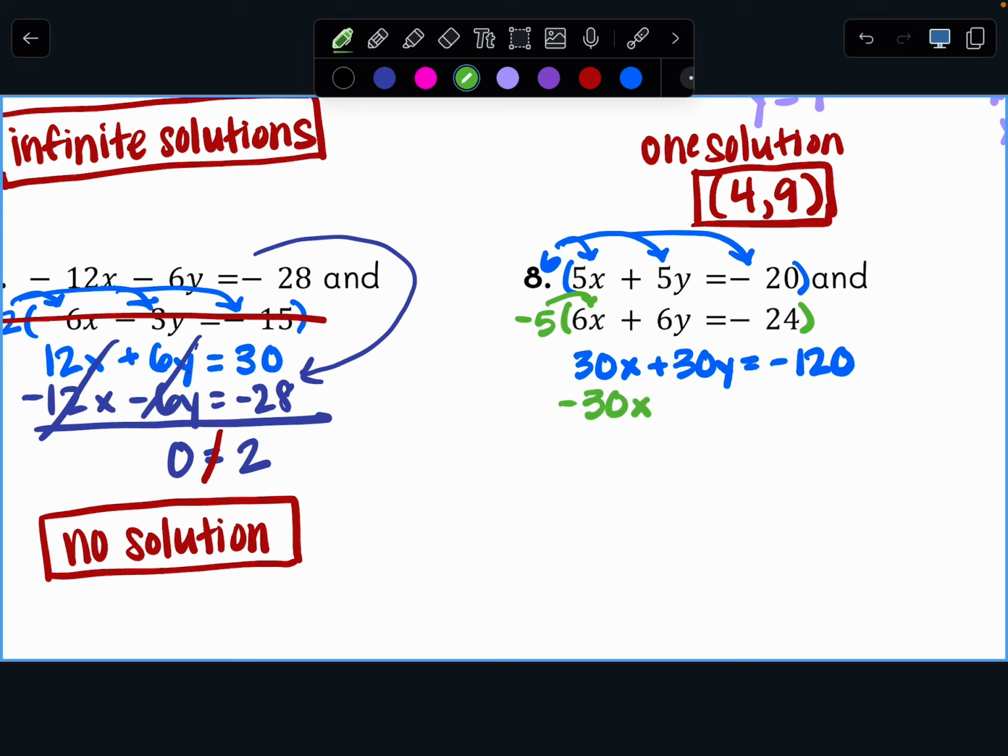Negative 30x minus 30y, and then negative 5 times negative 24 is positive 120. So these all cancel out. So I end up with 0 equals 0, which means there are infinite solutions.